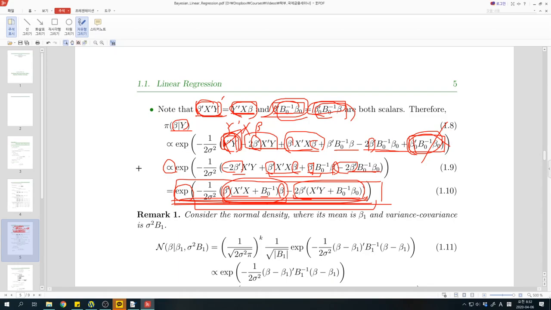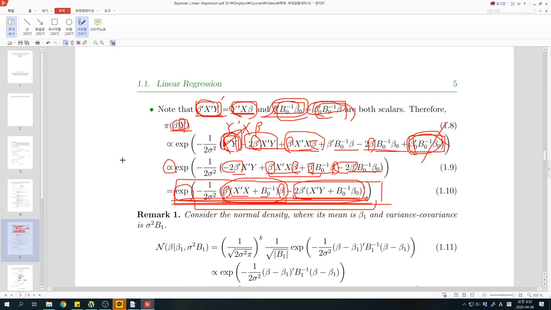From this point on, I'm going to explain how to figure out its mean and variance, given that beta follows a normal distribution conditioned on y.